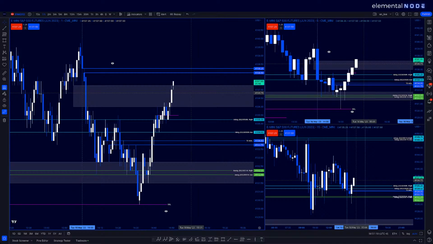See if it decides to take it out. Couple ticks away. And there it is. Took out the imbalance. So far it looks like we'll take this eyeball out.